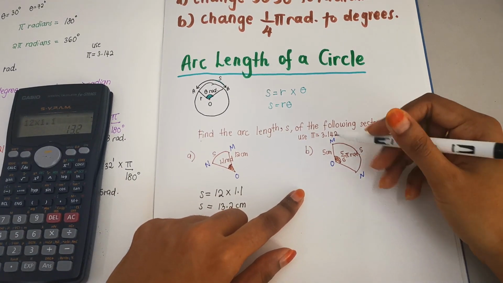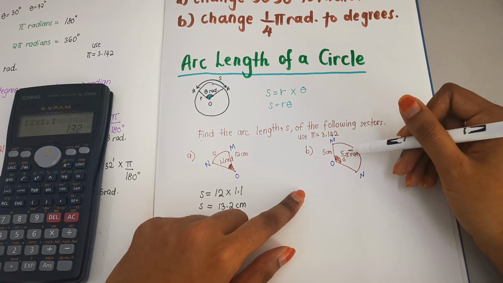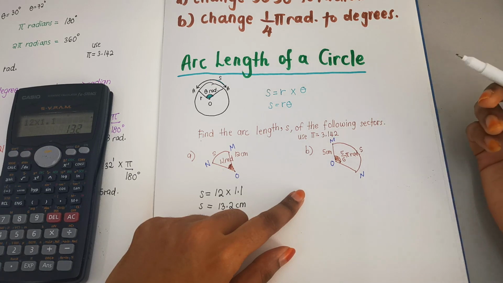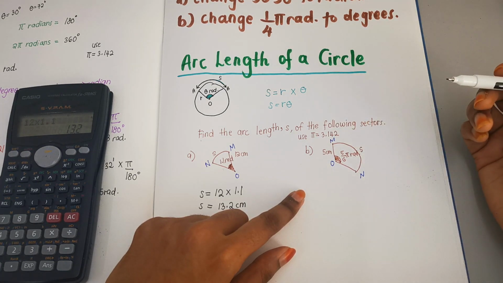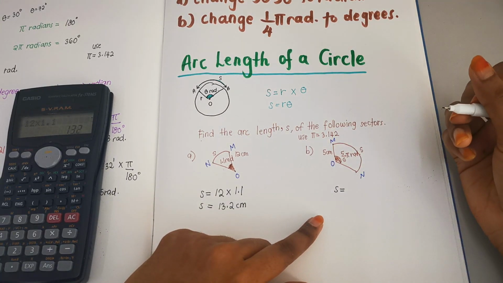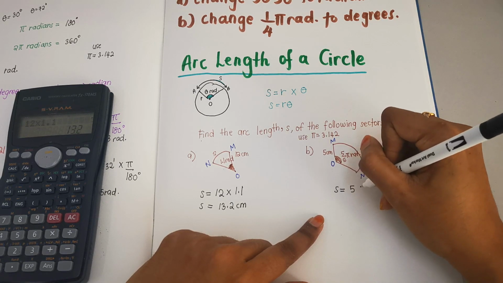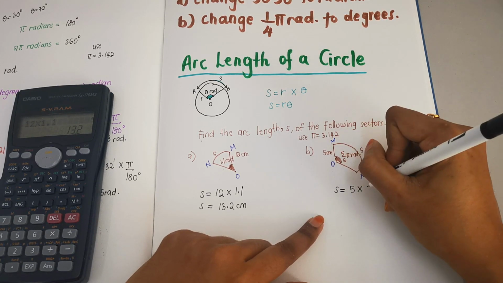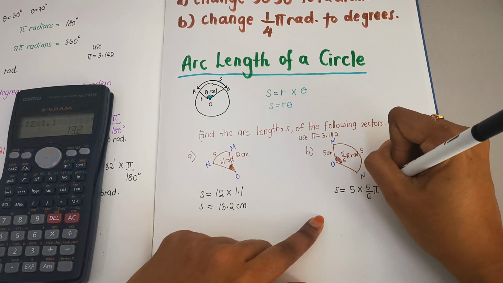Now let's look at B. What is different for part B is that there is pi. For theta, there's 5/6 pi radian. The question has asked us to use pi as 3.142. So now let's find the arc length. S equals the radius 5 cm times theta, which is 5/6 pi.